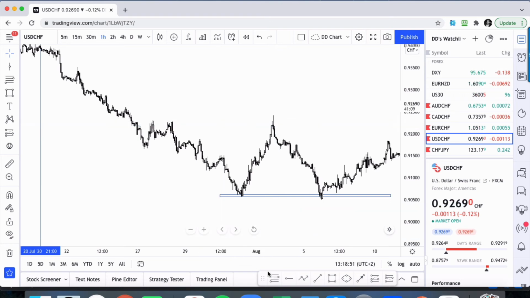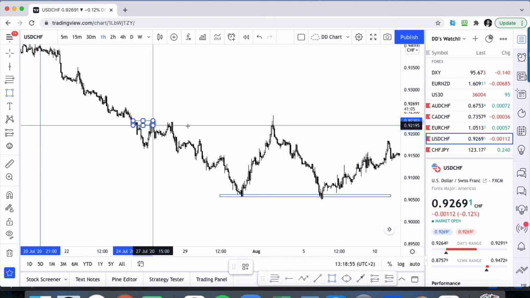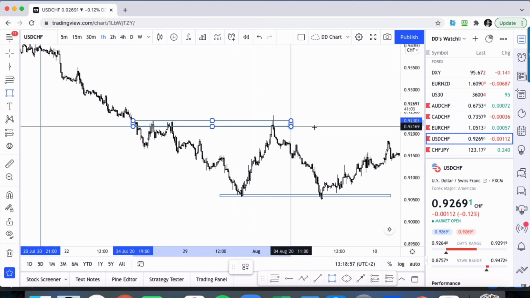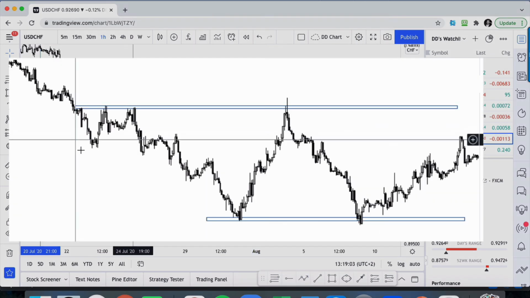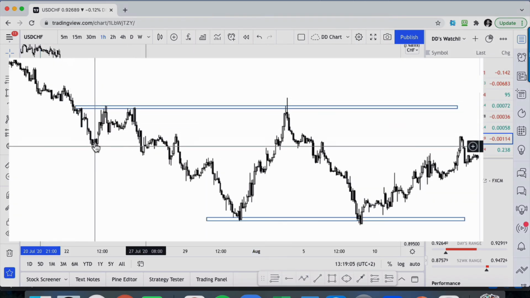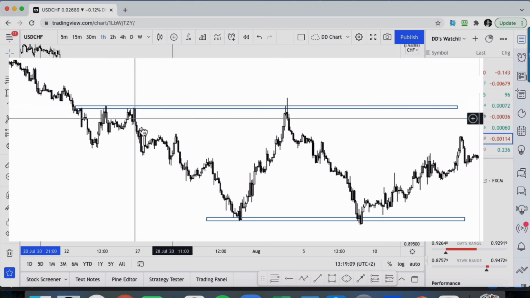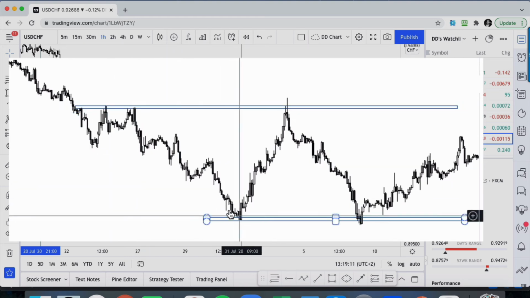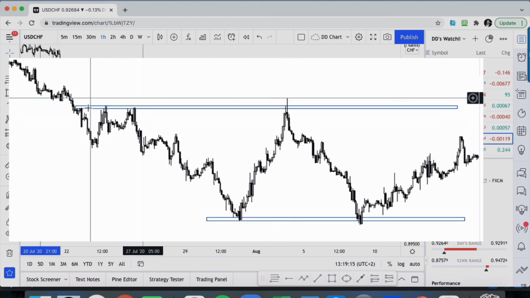It hits at the same price as this resistance. So it was getting lower and lower, and then it became a resistance point, a double resistance point, hit this support, and then went all the way back up and hit that resistance again.